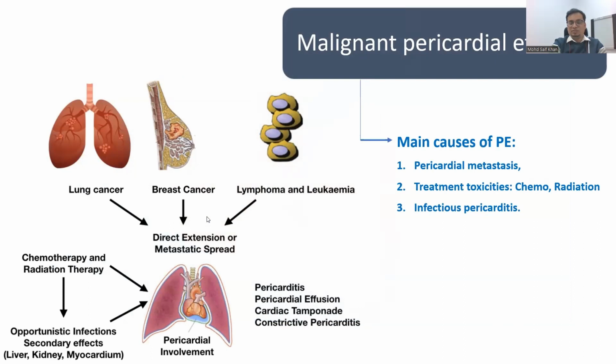Sometimes it is due to treatment toxicities, which arise due to chemo and radiation therapy. Even infectious pericarditis can also result in malignant pericardial effusion, because these patients are immunosuppressed. So opportunistic infections may be one of the reasons. And blockage of lymphatics sometimes may aggravate the size of the pericardial effusion.